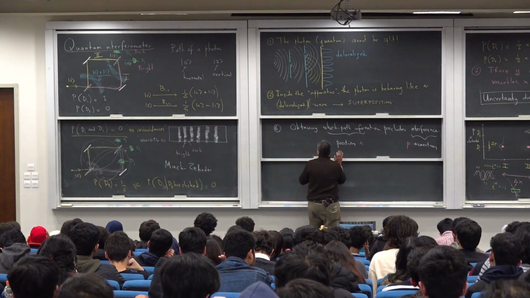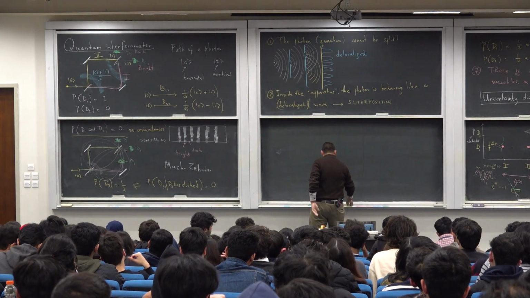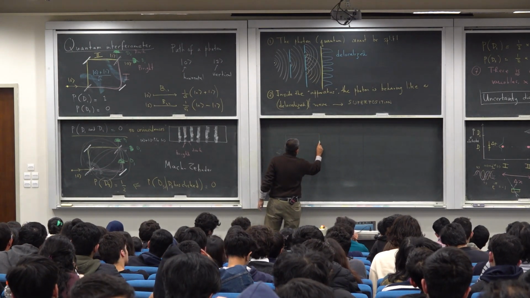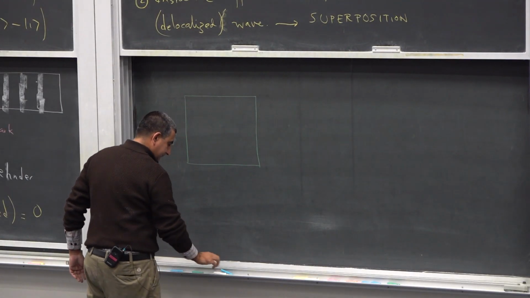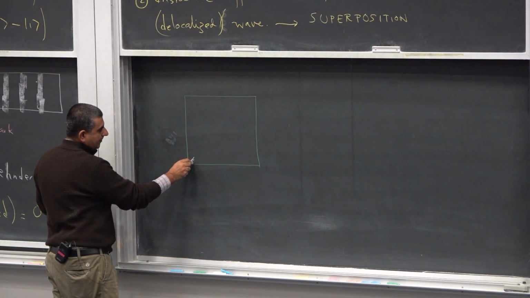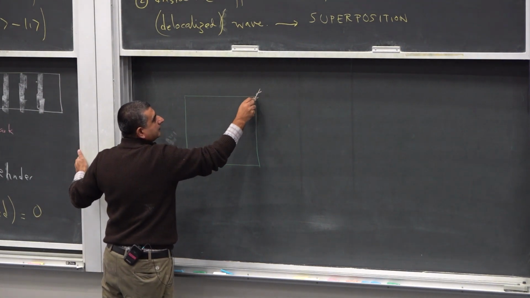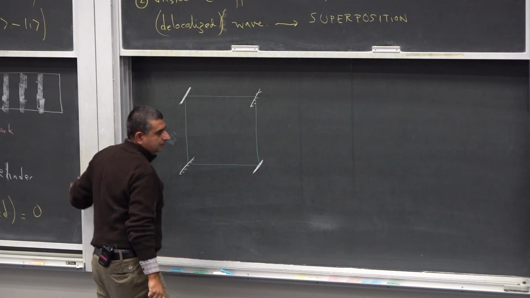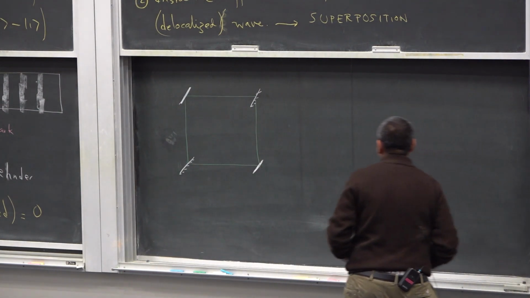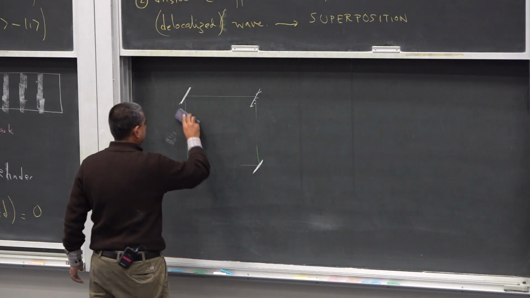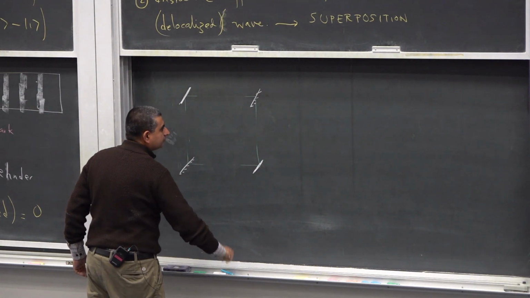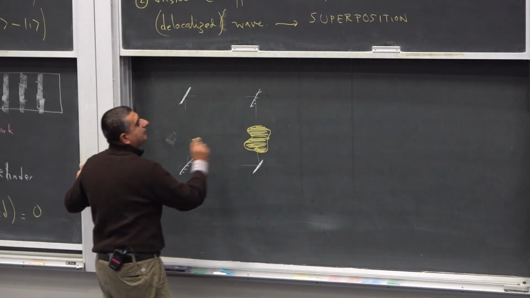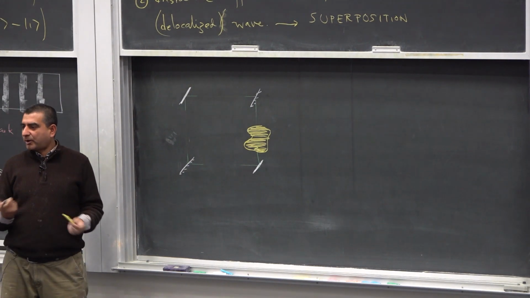So let me draw this scenario here. Mirror. Absorbing object. It's a perfect absorber. It just absorbs the photon.